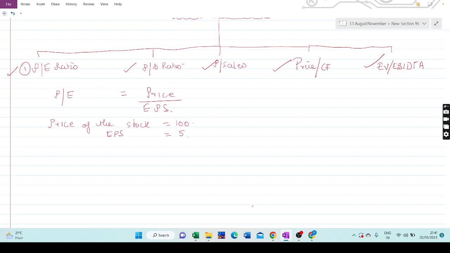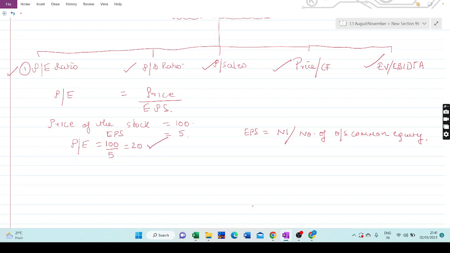How do you calculate EPS? Any idea, guys? Net income by outstanding shares. Yes, EPS equals net income divided by the number of outstanding common equity shares. So, if the price of the stock is $100 and EPS is $5, what is the PE ratio? 100 by 5, which is 20.